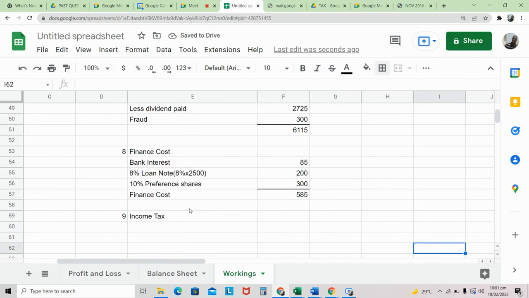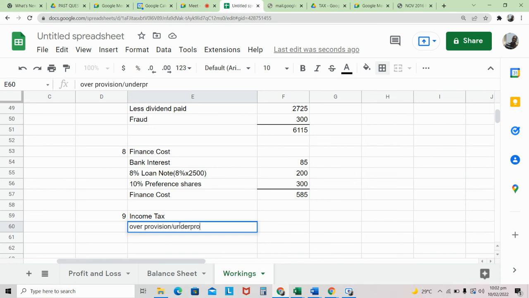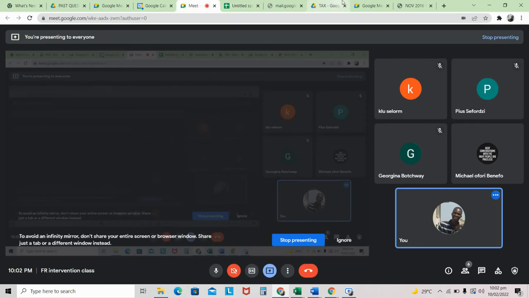Okay, so for you to find the income tax for the year, there are certain things that you need to look at. So the first one is over provision or under provision of the previous year's income tax. You know, income tax is a provision that companies make.